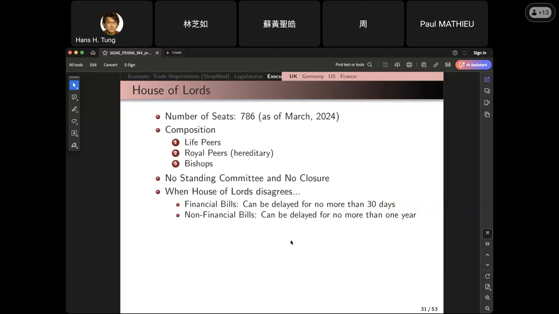In terms of how a prime minister loses power, there's a very famous case, Margaret Thatcher. Margaret Thatcher was the prime minister for about 11 years, a very long-serving prime minister in British history.